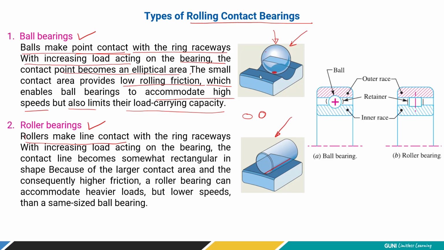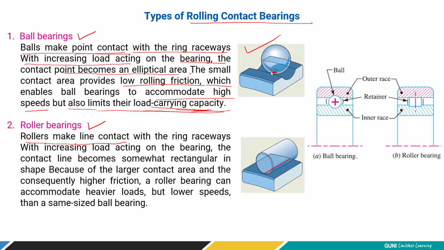So because of this construction, if you want high speed activity or motion, then you have to go for the ball bearing, right? But you do have to keep in mind the limitation of load carrying capability. They do not carry more load with respect to roller bearings, right? Why? Because there is a point contact. As the load increases, it becomes elliptical, right?